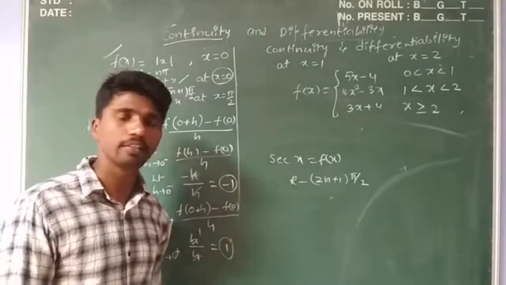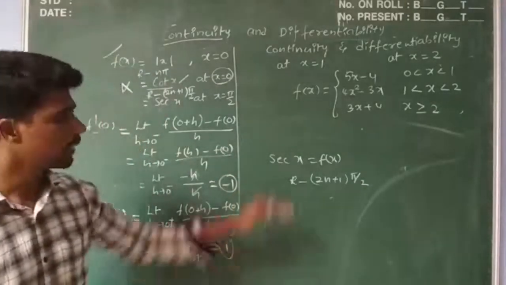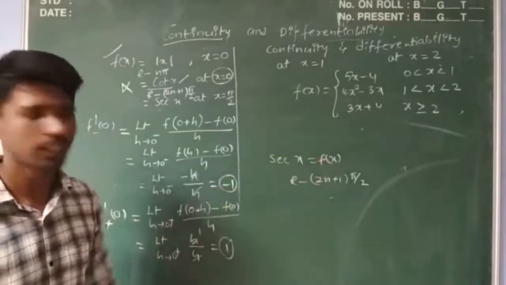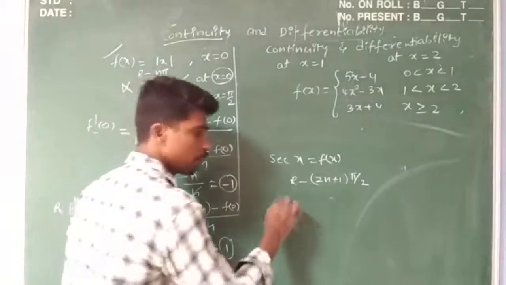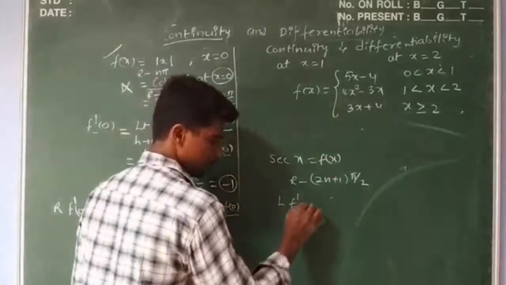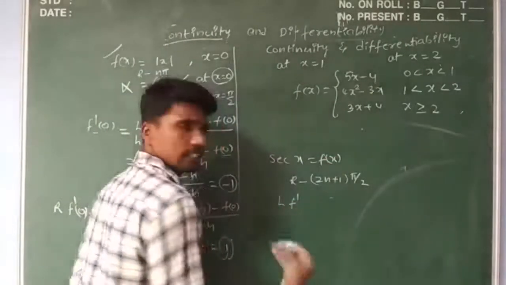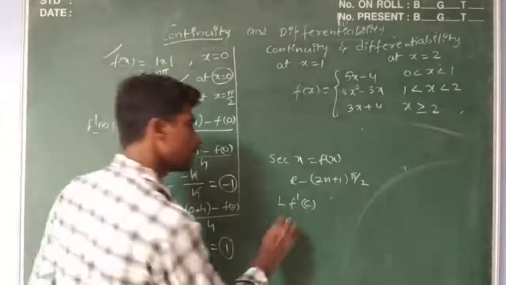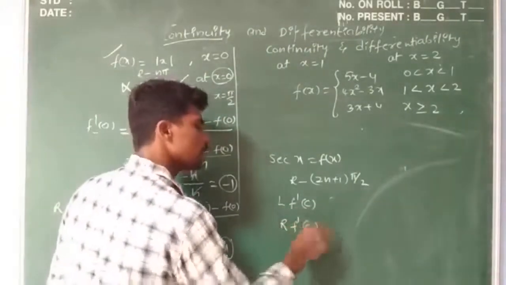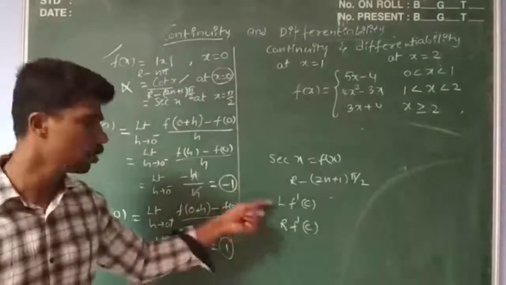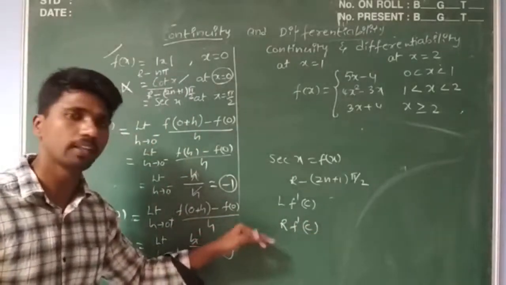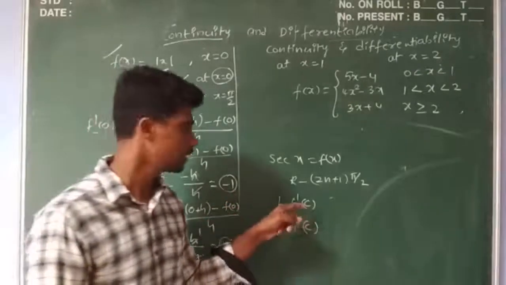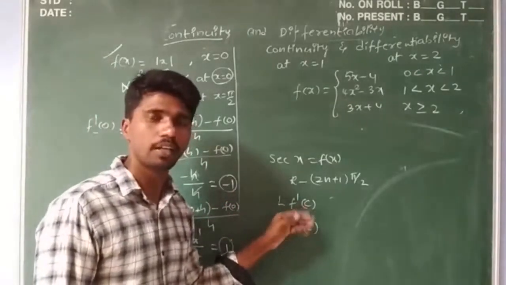How do we check? By taking the limit tending to the particular value, that is, the left derivative Lf dash of c and the right derivative Rf dash of c. If both are equal, then we can say the function is differentiable at c.